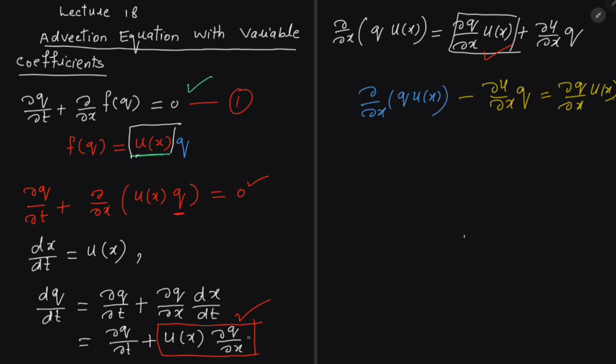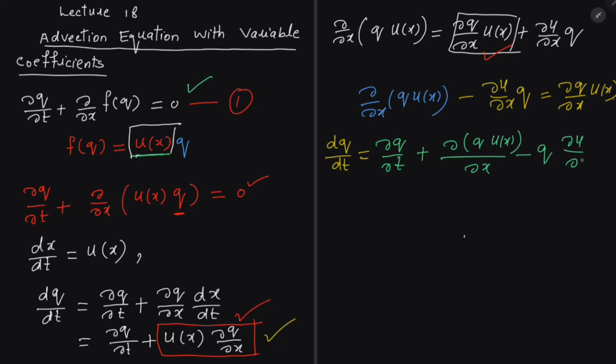We put this value into this equation. We get dq by dt equal to partial q by partial t plus partial of q u of x by partial x, minus q partial u by partial x.